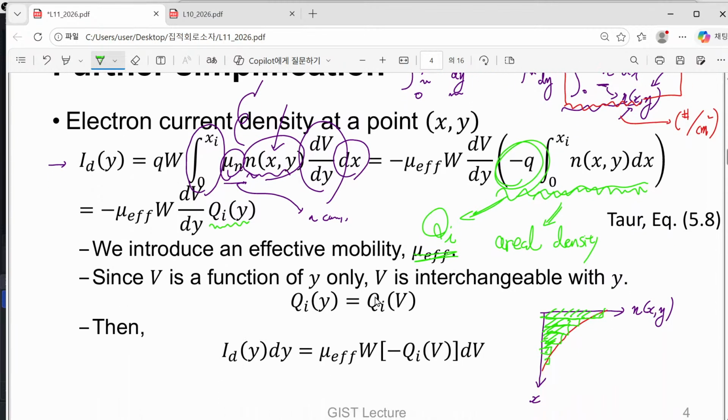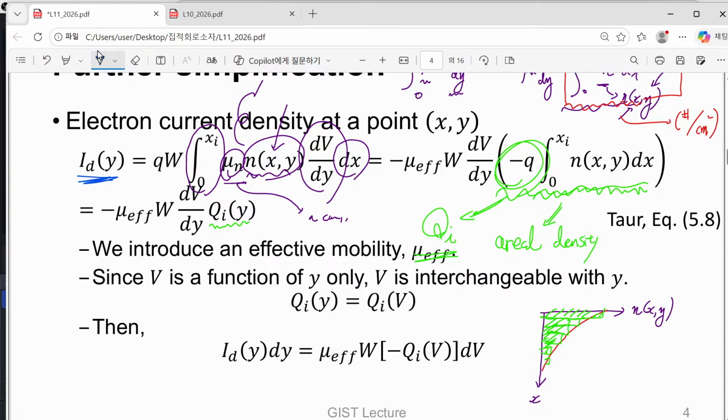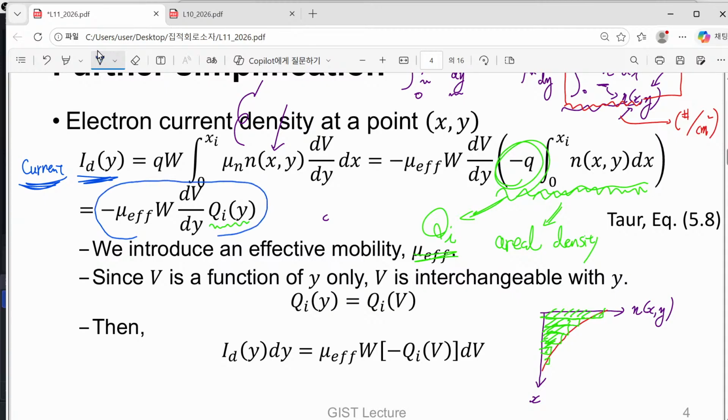So let me just summarize. Here we have the form of current. This is current, not current density. Why? How did I get this current out of current density? By performing two-dimensional areal integration. And now, after some discussion, we have this greatly simplified form.